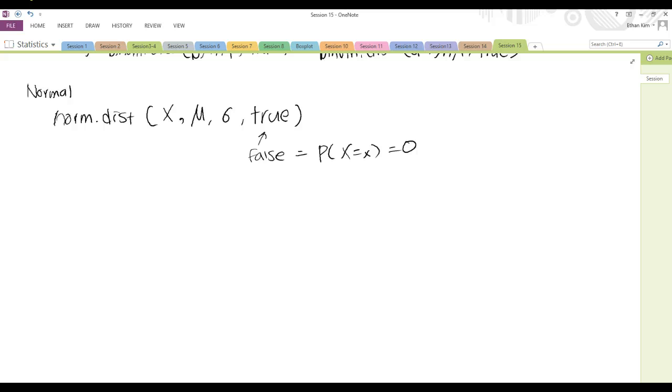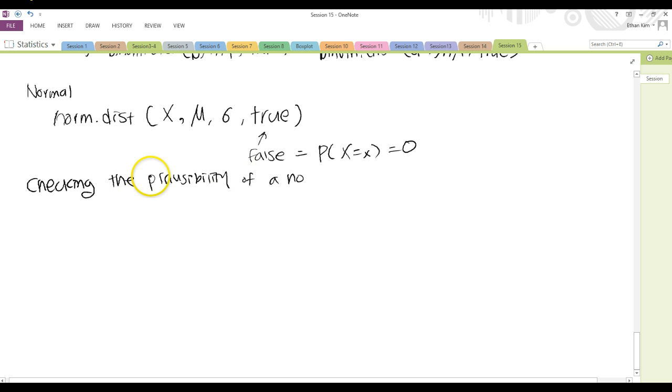Okay, before we do that, I forgot to mention one other thing. That is seeing if normal distribution fits the data set. We call this checking the plausibility of a normal model.